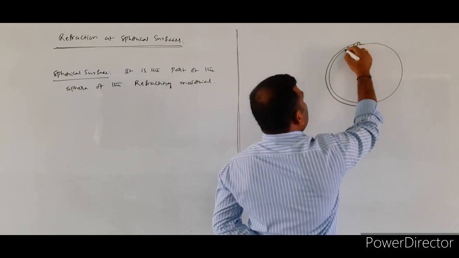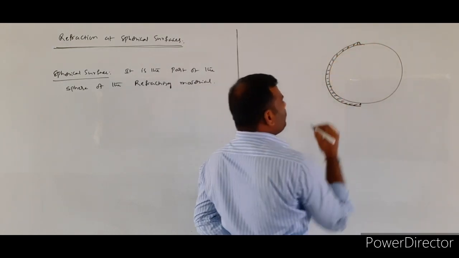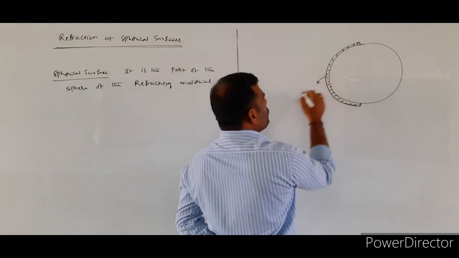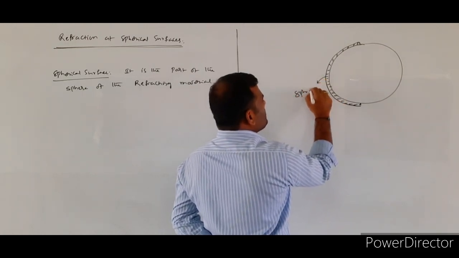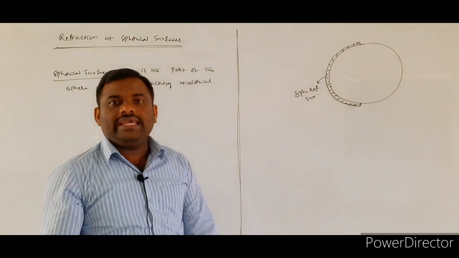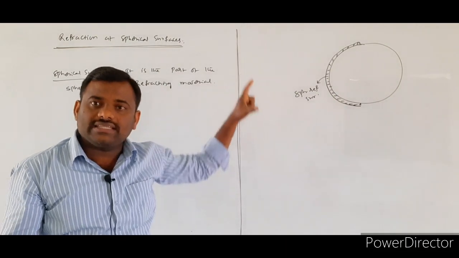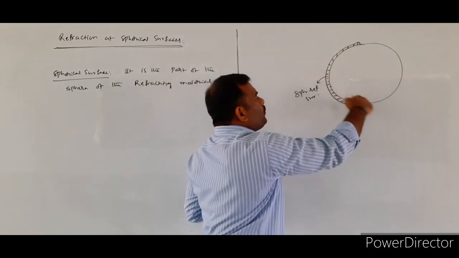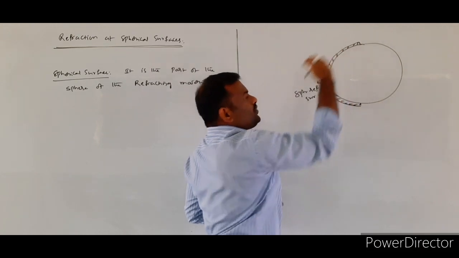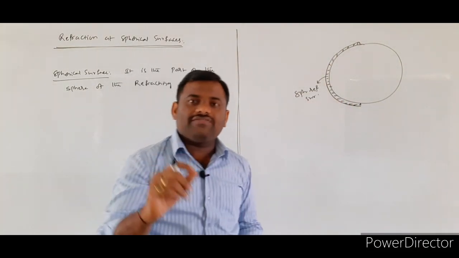From this glass refracting surface, if you cut a small portion, this small portion only we are calling a spherical refracting surface. A spherical refracting surface is a small portion of the sphere of the refracting material.